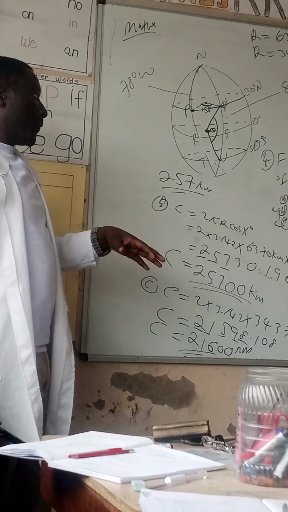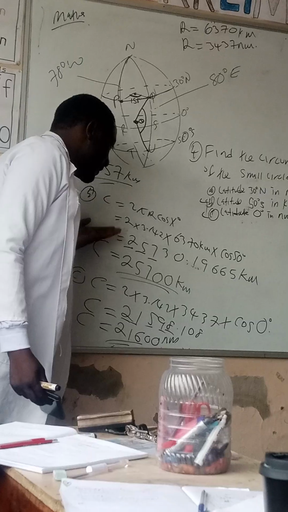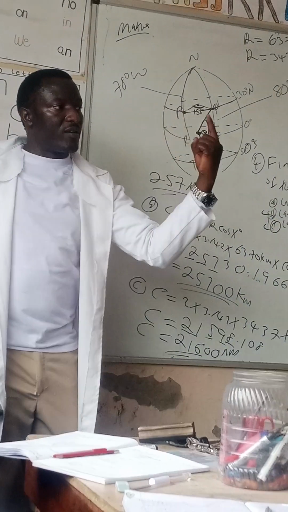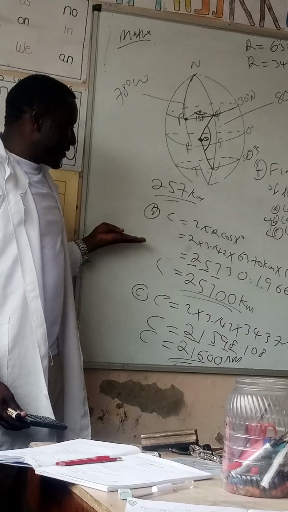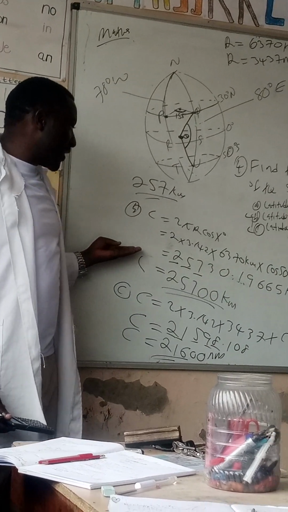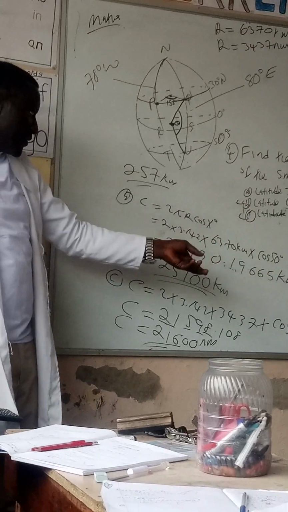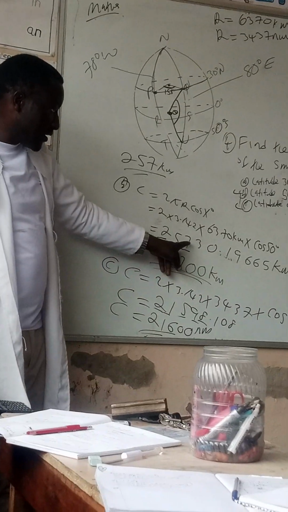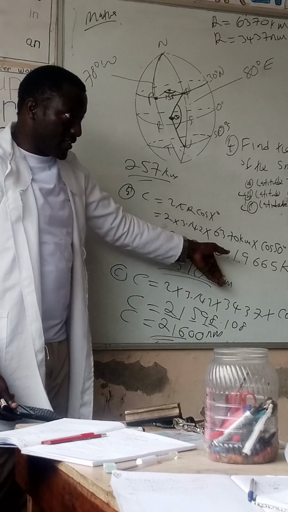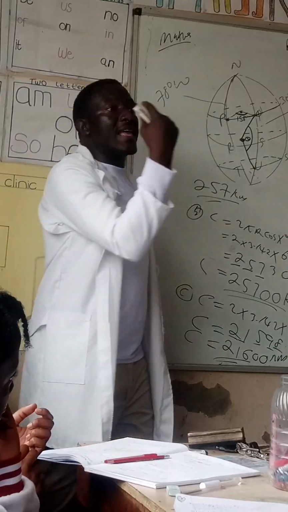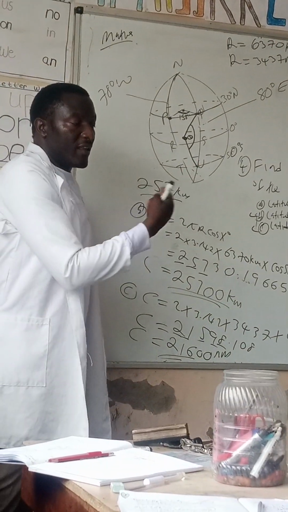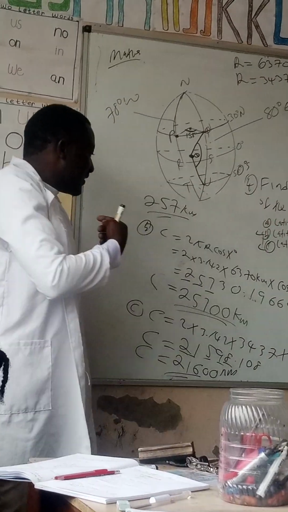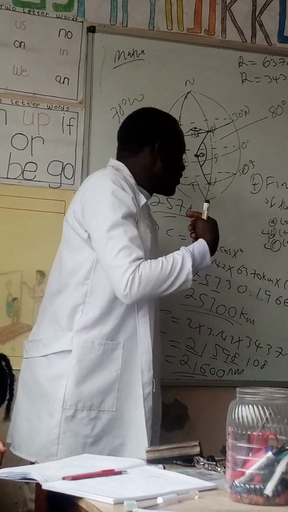So the reason is simple. This number, this distance, remember circumference, the distance around the circle. When you read this, can someone try to read this, much more like numbers in words: 25,730. So that's a distance, right? Are you following? It is 25,730 kilometers.